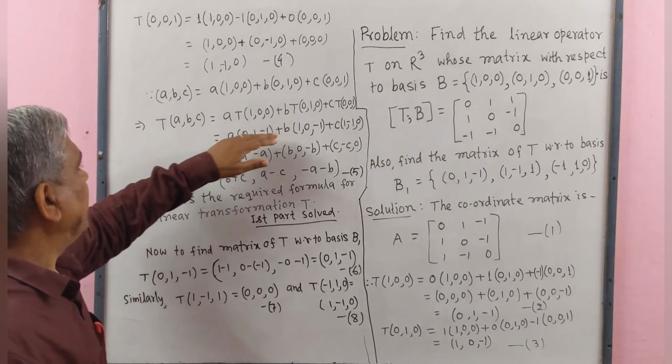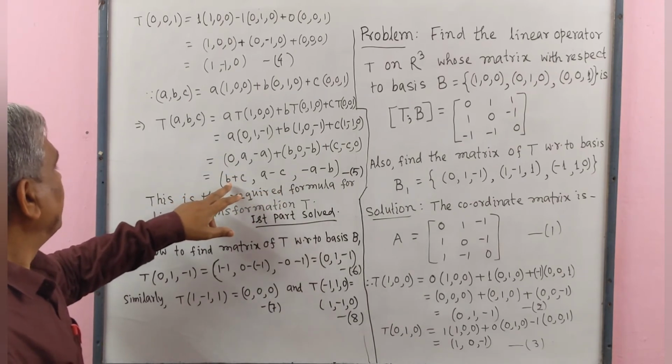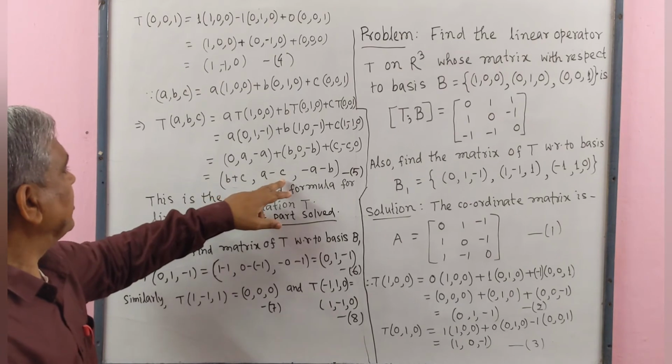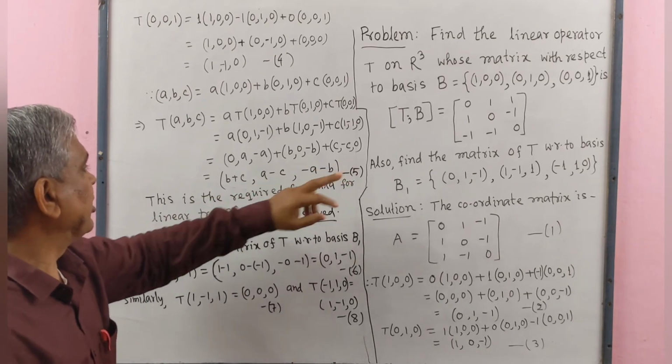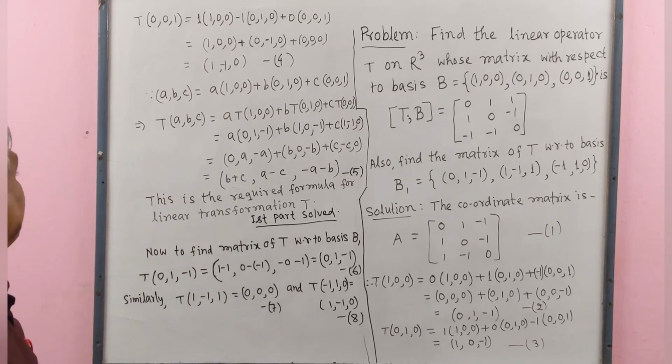We multiply this, and lastly we get the ordered triplet (b plus c, a minus c, a minus b). This is number 5. Therefore, we get the formula of the linear transformation.